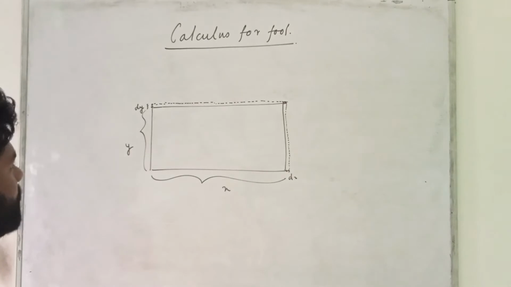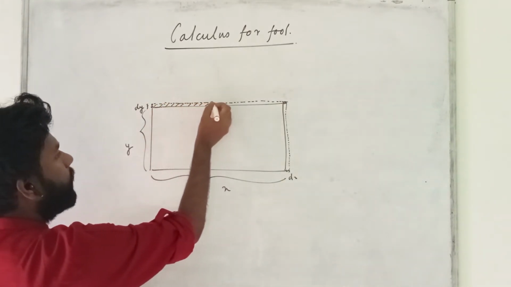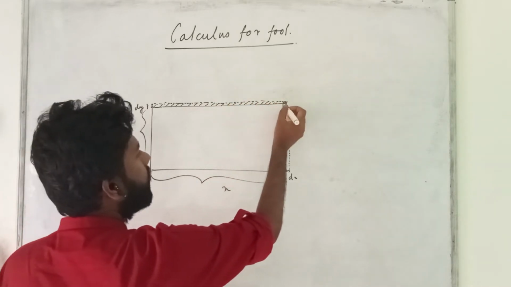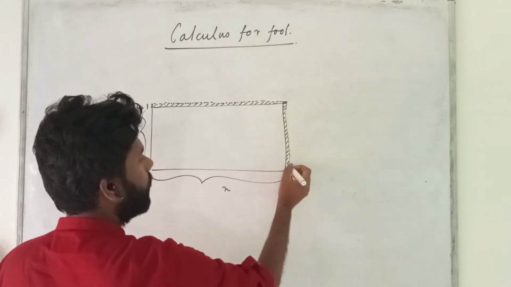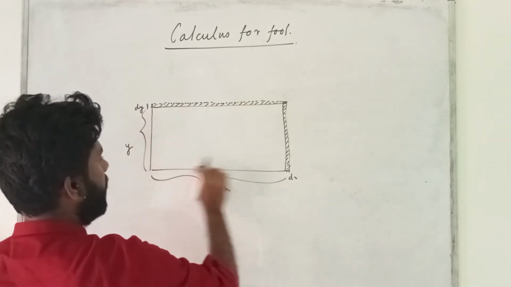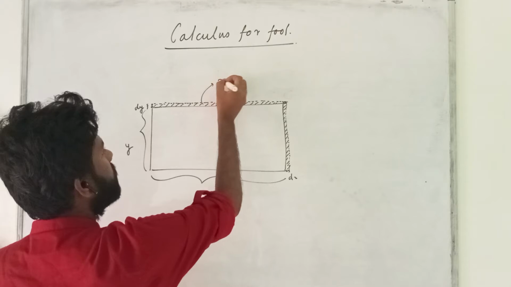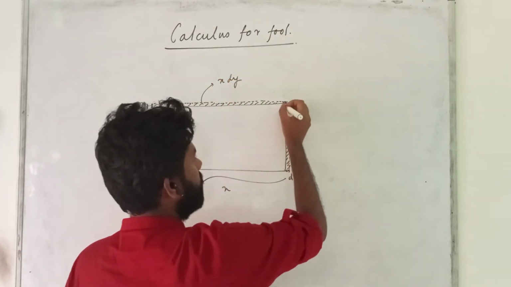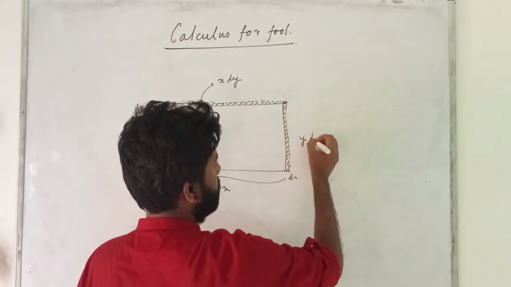So it is a small patch of this area and it is another small patch of this area. What is this area actually? It is x and it is dy. So here it is x into dy. And what is this small area actually? It is y, it is dx. So it is y into dx.